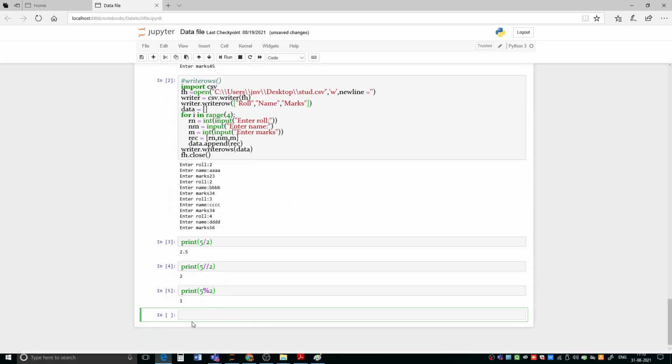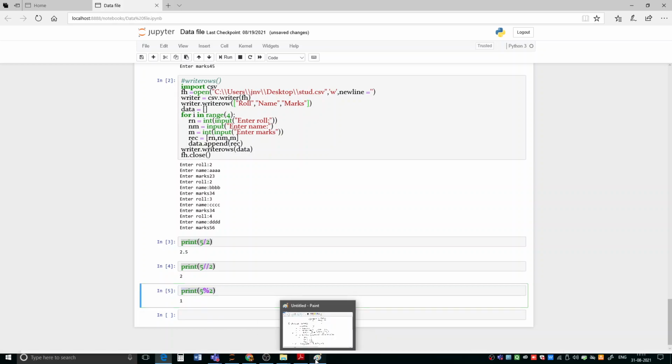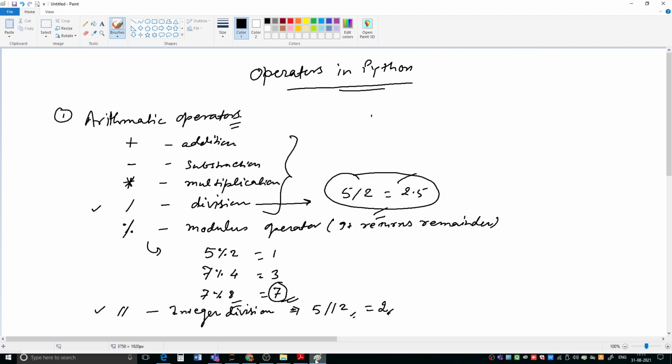What will you get? So this is simple division, as we do in mathematics. This is the integer division, which will discard the fractional part, and this returns the remainder when you divide a number by another number. I hope no problem to anybody till this point. Is there any problem to anybody? No.